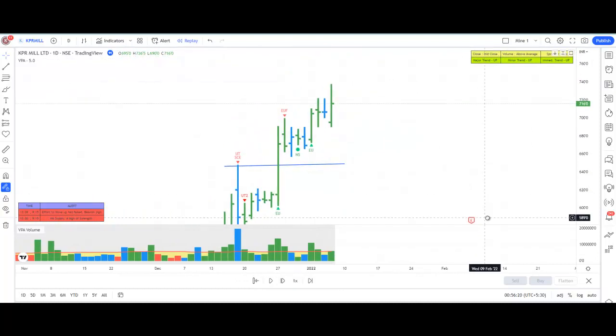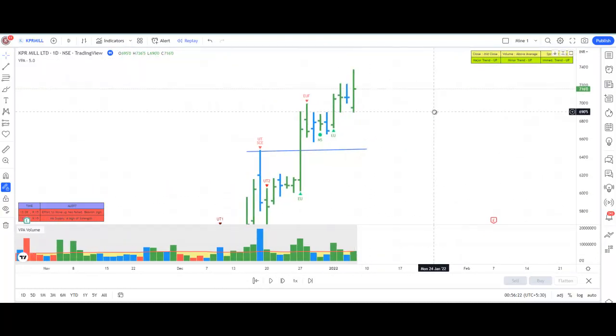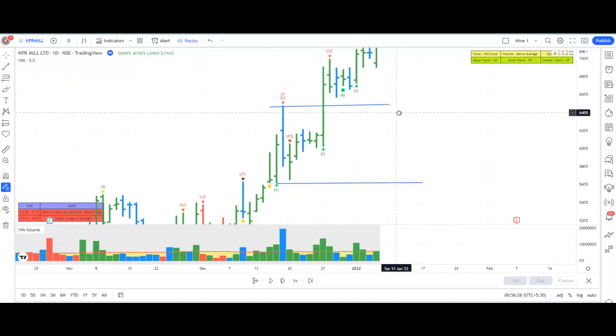You can see the stock went up further here. After a little consolidation here, it went up further. So in this example, we saw the SCE bar failing.